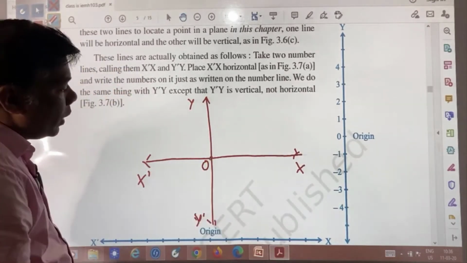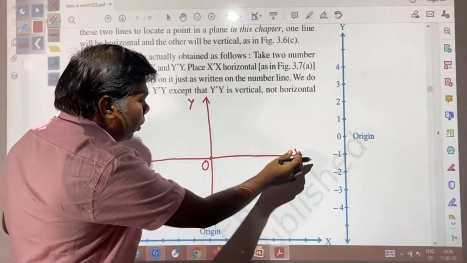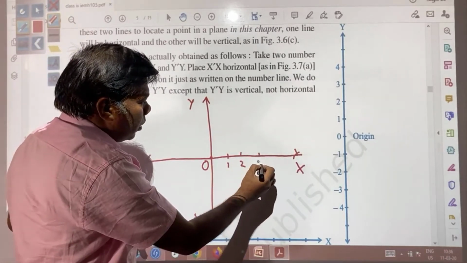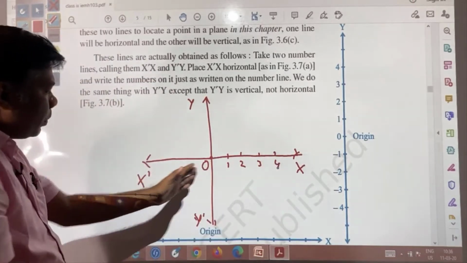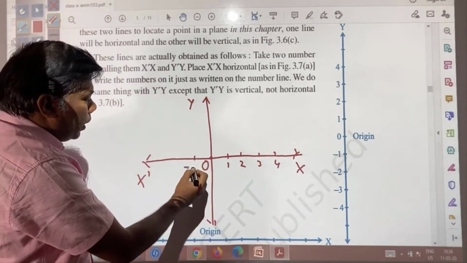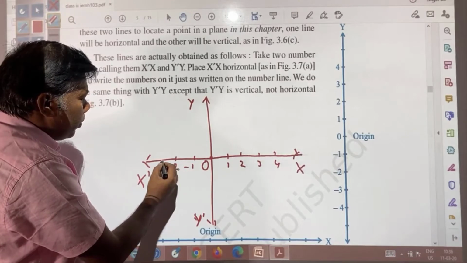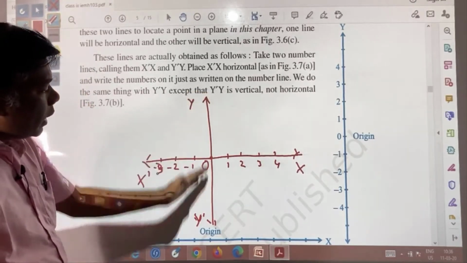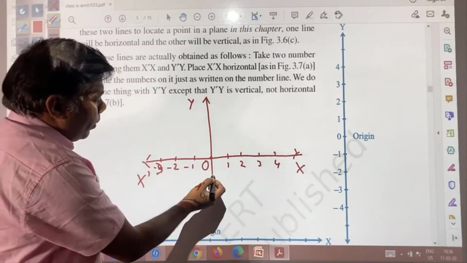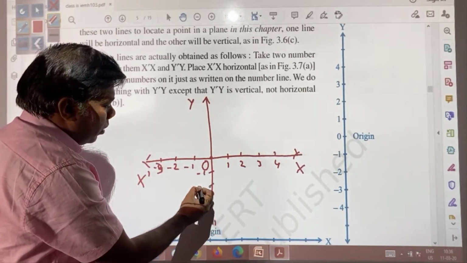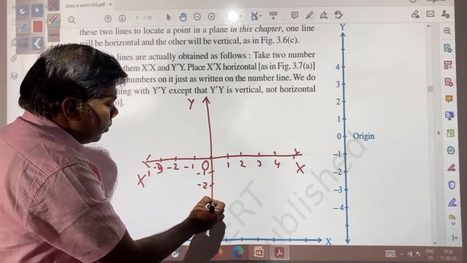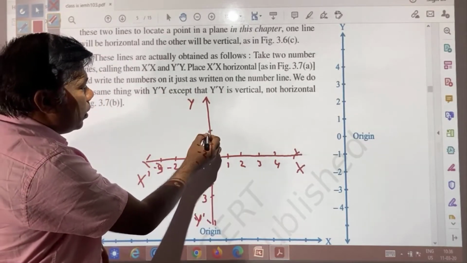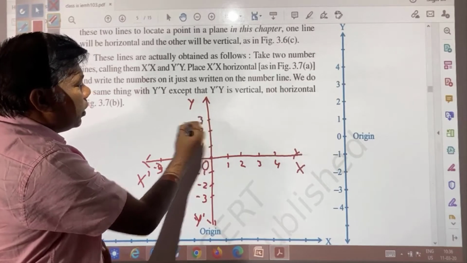Now here what you need to know: the right side in the horizontal line will be positive numbers, the left side in the horizontal line will be negative numbers, and in the vertical line below 0 will be negative numbers and above 0 will be positive numbers.